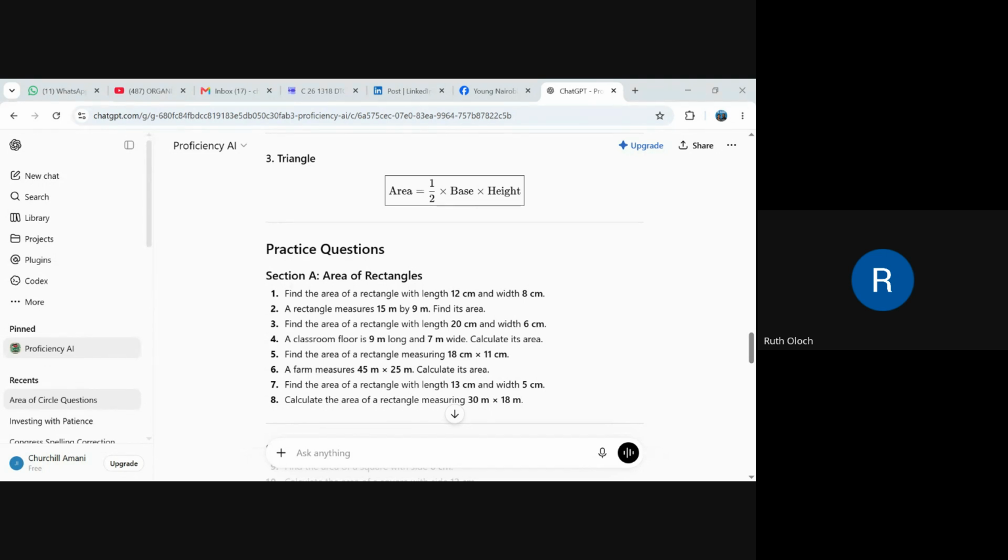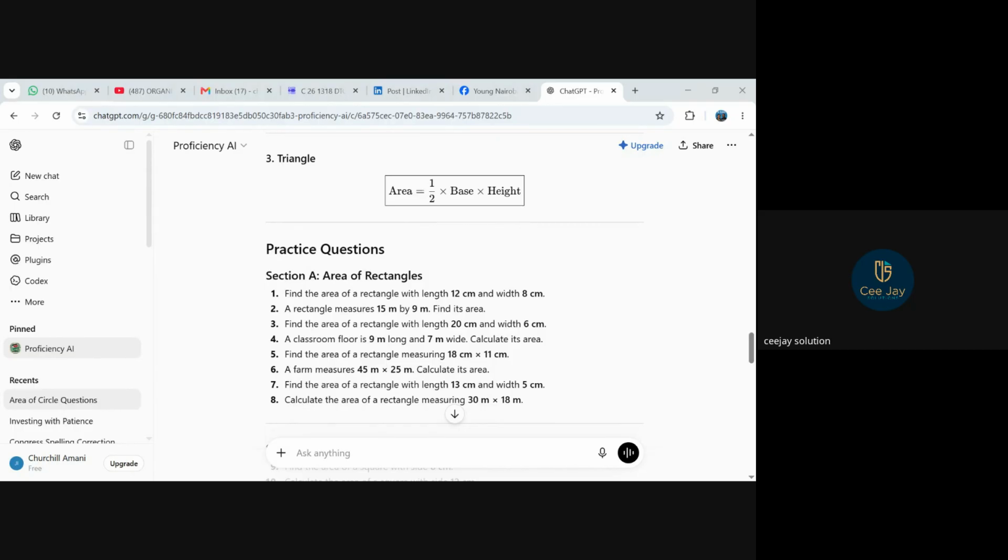We calculate its area. And we know finding the area of a rectangle is length times width, which have been given 9 as the length and 7 as width. Now, when we multiply 9 times 7, we get 63 meters squared. Thank you. Let us appreciate her.